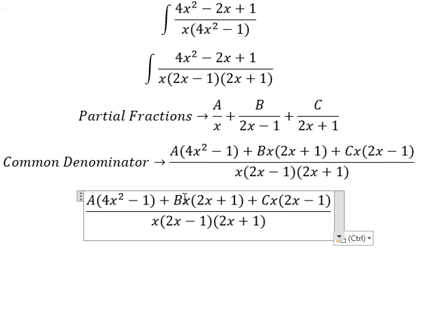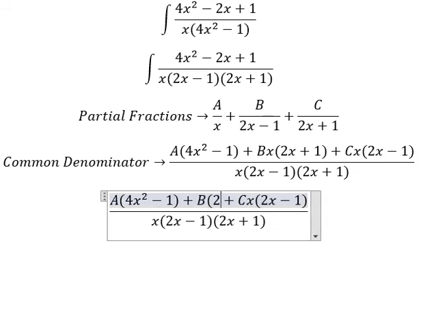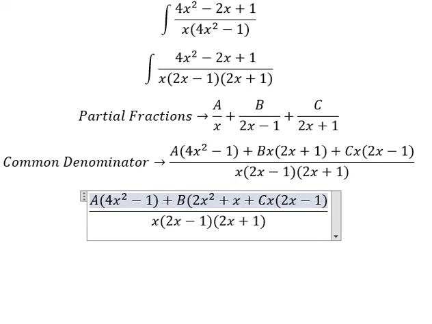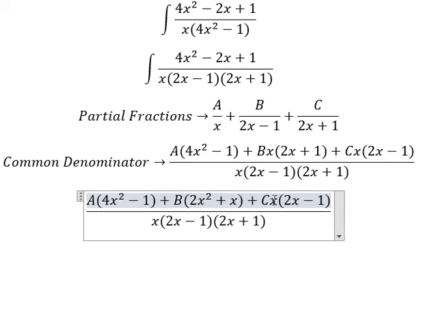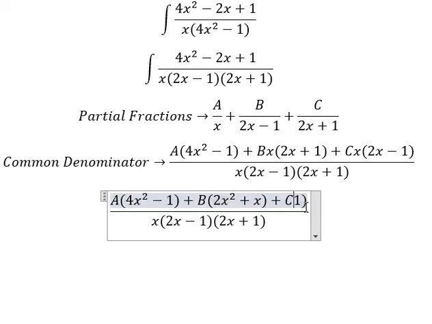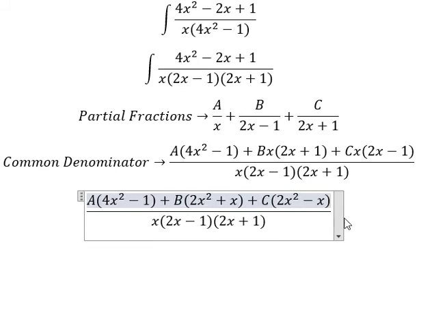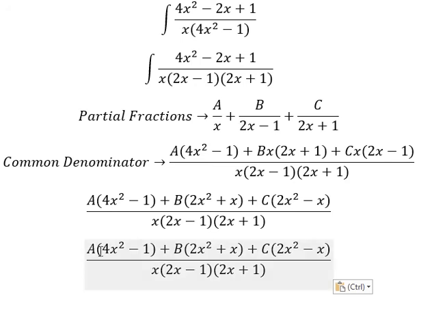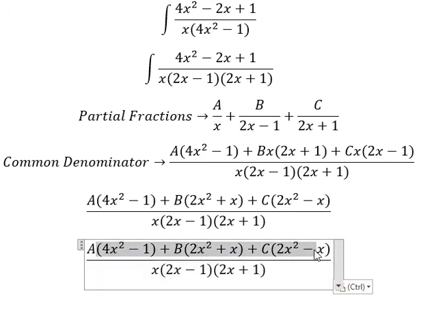Now we need to expand. Next, we need to arrange based on the term of s.